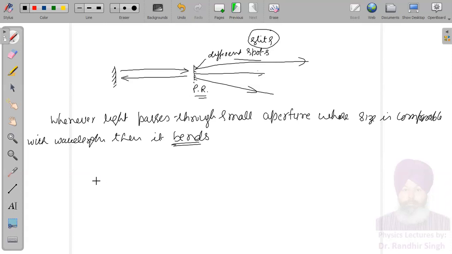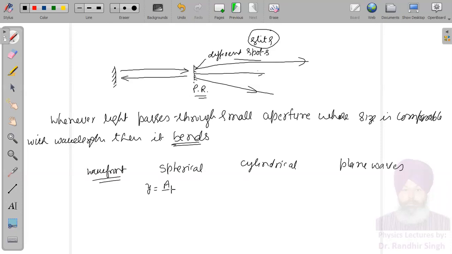Now we know that there are three kinds of wavefront: one is spherical, second is cylindrical, third is plane wavefront. For spherical, the equation is y equals a upon r into sine of omega t minus kx.